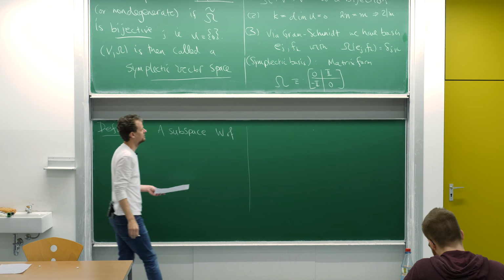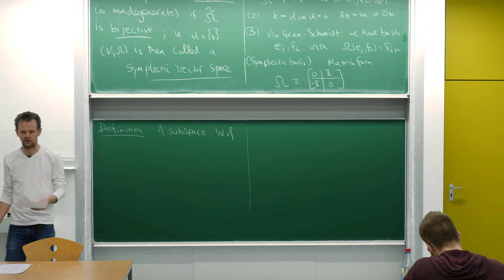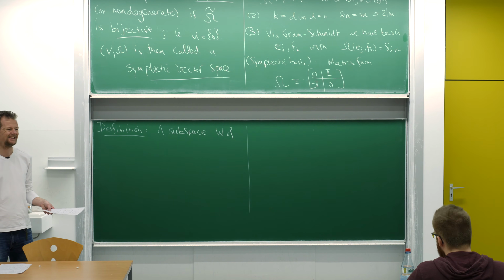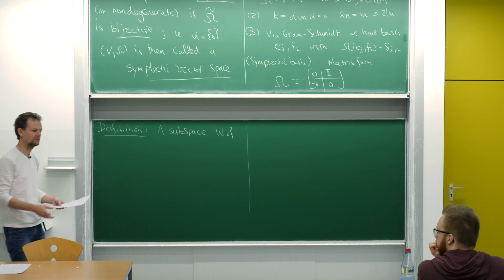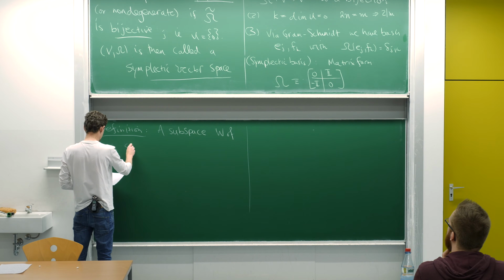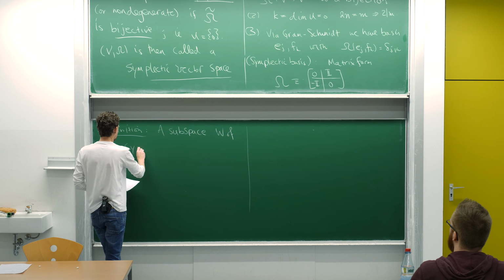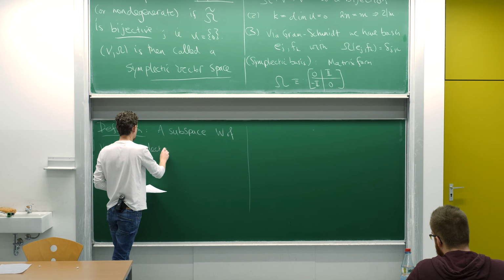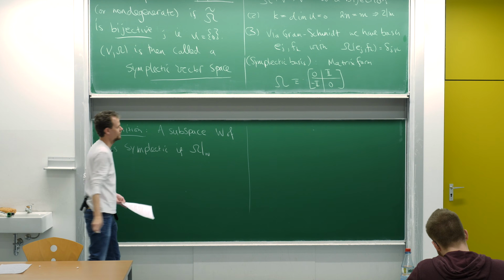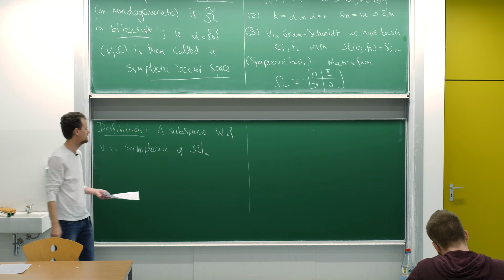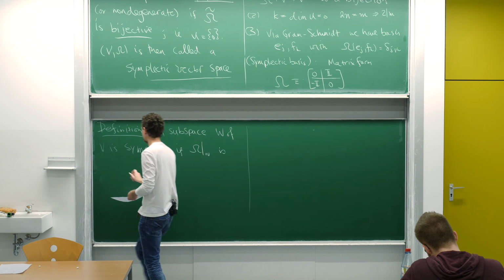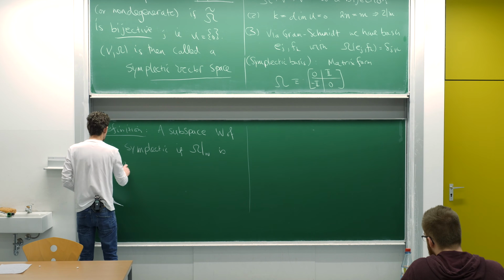For example, you could have a subspace of a symplectic vector space that is, well, also a symplectic vector space. That's possible. But you can also have subspaces that aren't symplectic vector spaces. So it's symplectic if when you restrict this symplectic form to the subspace W, it's non-degenerate or symplectic.